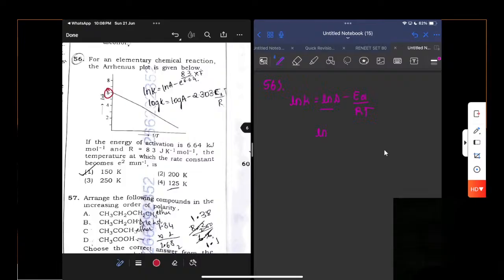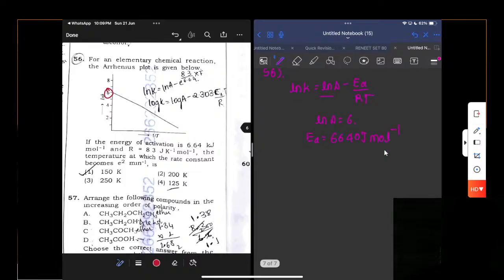We have ln A value equal to 6, and the activation energy EA value is given, R value is given. EA is given in kilojoules, so convert that into joules per mole. If I convert that, I get 6640 joule per mole. The R value is directly given, we can take that.